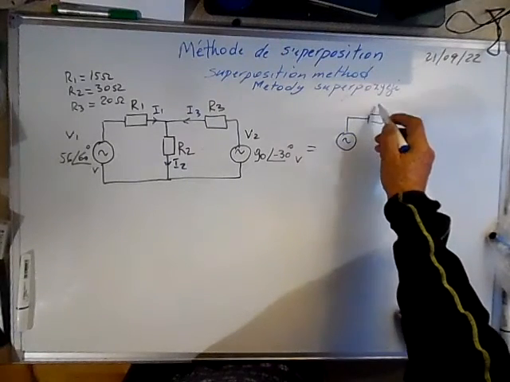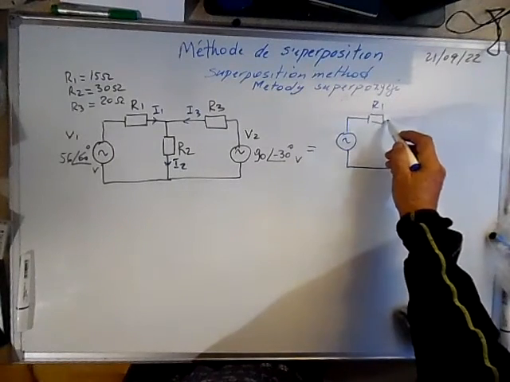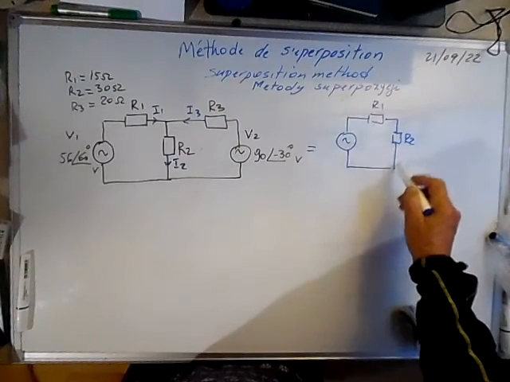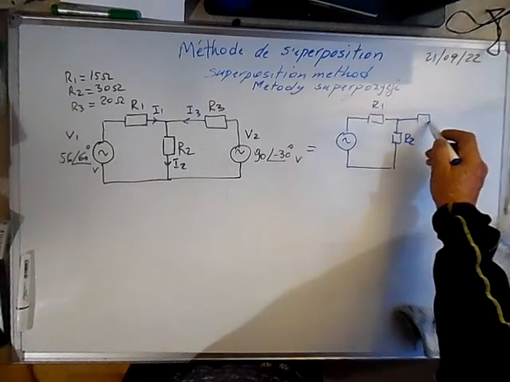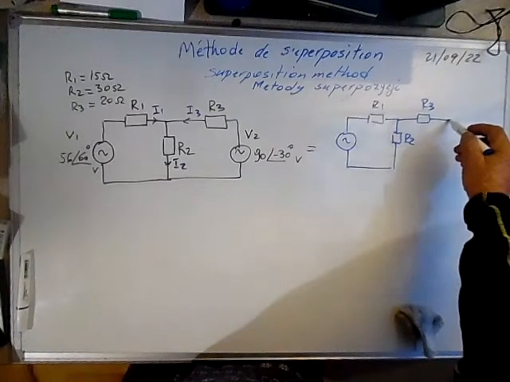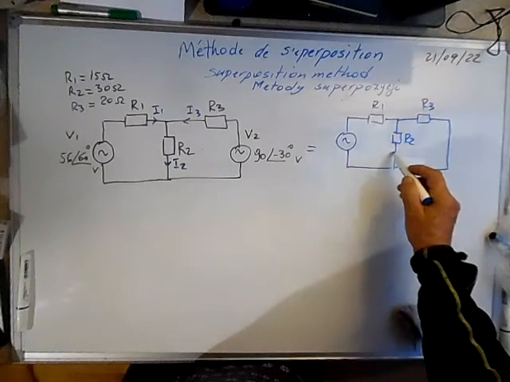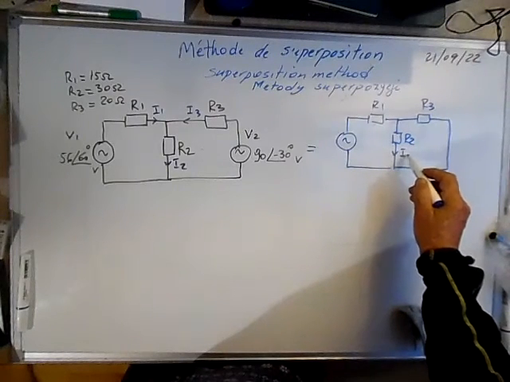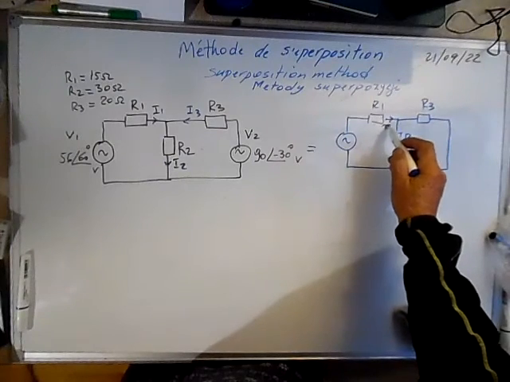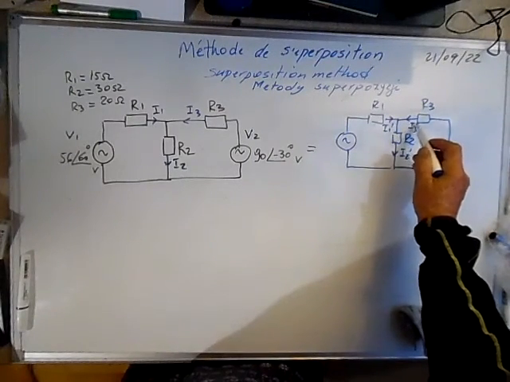We have R1, V1, R2 and R3, and the source V2 is replaced by a short circuit. Let's call this current I2 prime, this is I1 prime, and this is I3 prime.